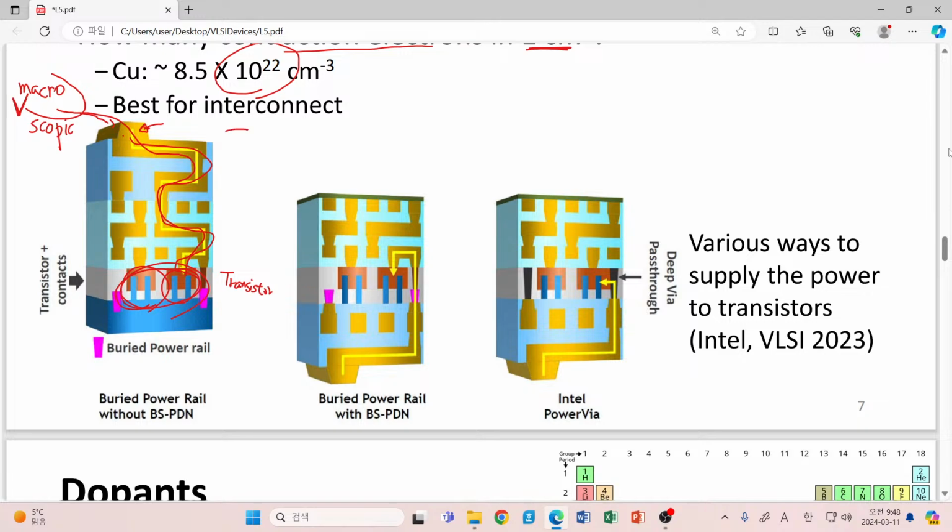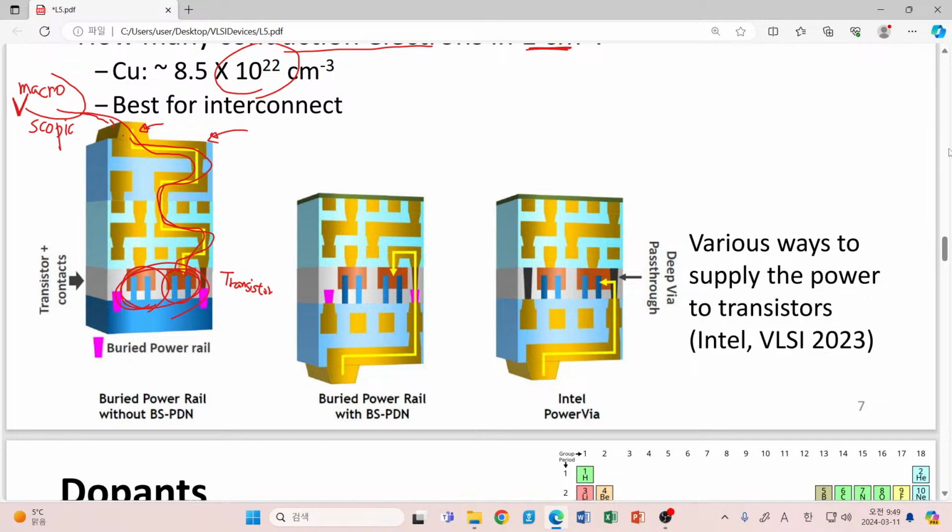So therefore, this gold colored one, typically called the interconnect, should be a good conductor, and typically we use copper. We have been quite happy with copper for approximately 20 years, and now we are getting more and more unhappy with it.